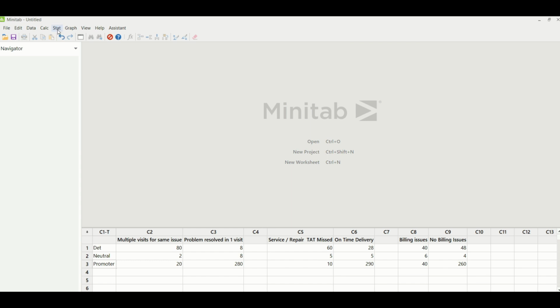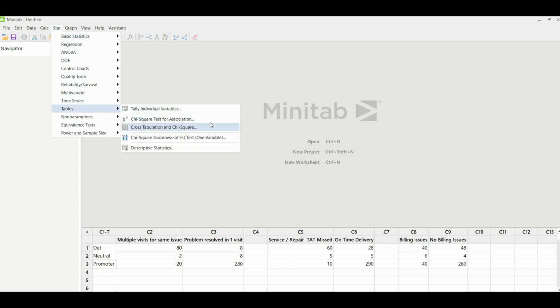We have chosen the chi-square test for this because when our Y is discrete and our X is discrete, we do a chi-square test. So how will we perform the chi-square test? We will first go to Stat. Under Stat, we will go to Tables, and in Tables, we will go to Chi-Square Test for Association.